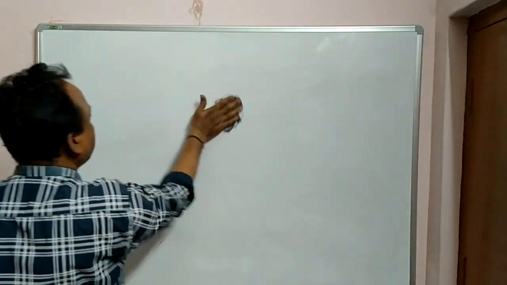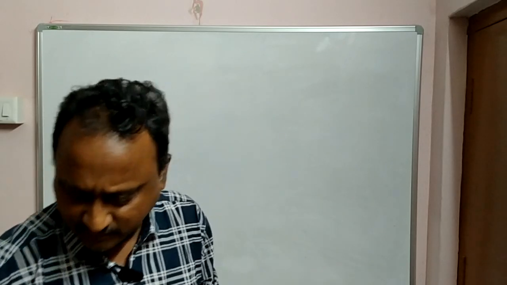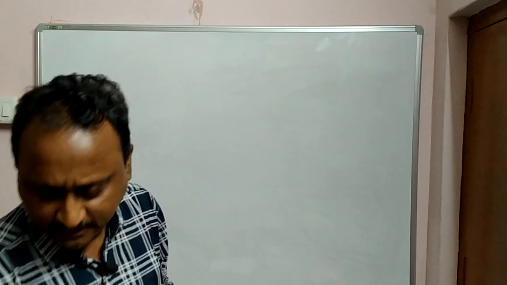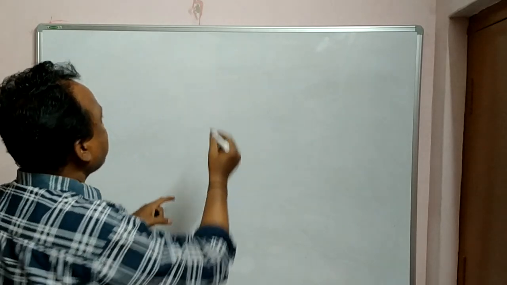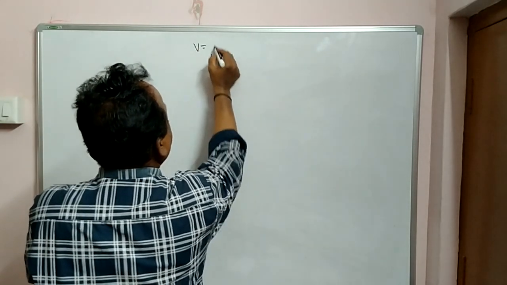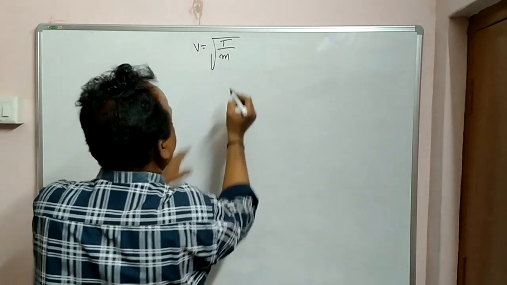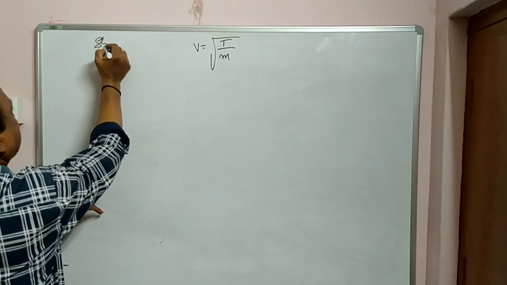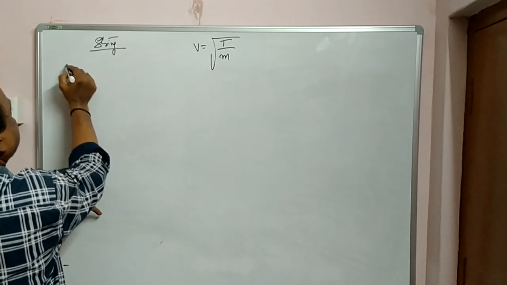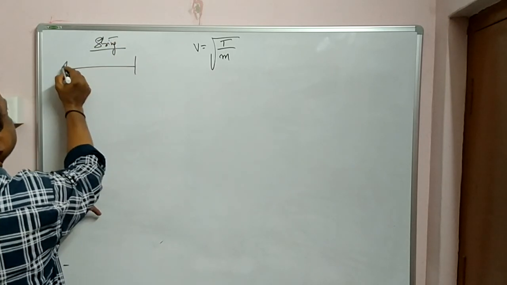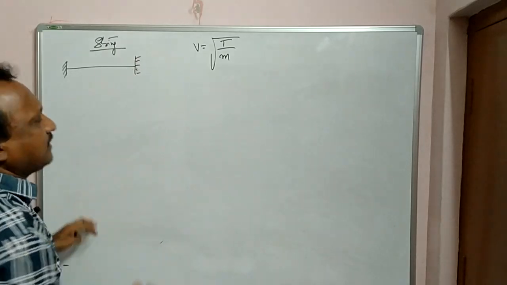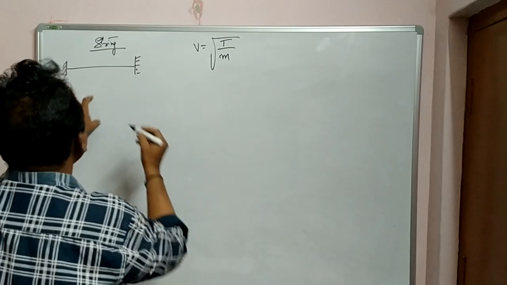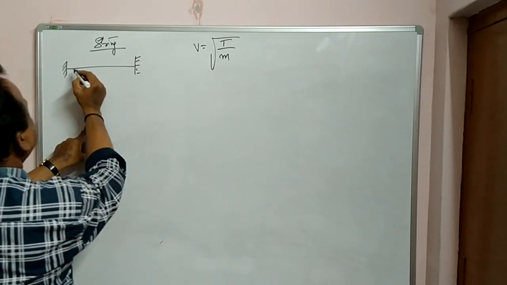Now let us do some more extension in this topic, that is the fundamental note, the fundamental frequency of a stretched string. We already learned the velocity of the stretched string: velocity is root over T by m, where m is linear density and T is tension. Now suppose a string is there, and we know these are the segments here.